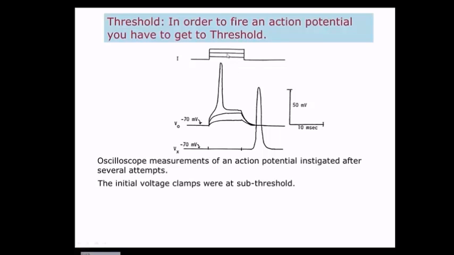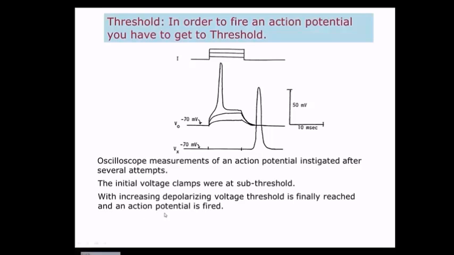So the initial clamps, alteration of the membrane voltage, did not get to threshold. They were subthreshold, and you didn't fire an action potential. When the action potential was at or greater than threshold, you got an all or none action potential. And it doesn't matter if you gave it more voltage.